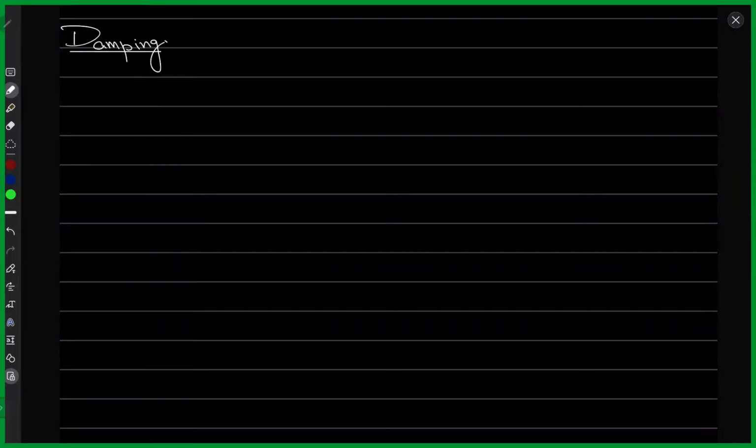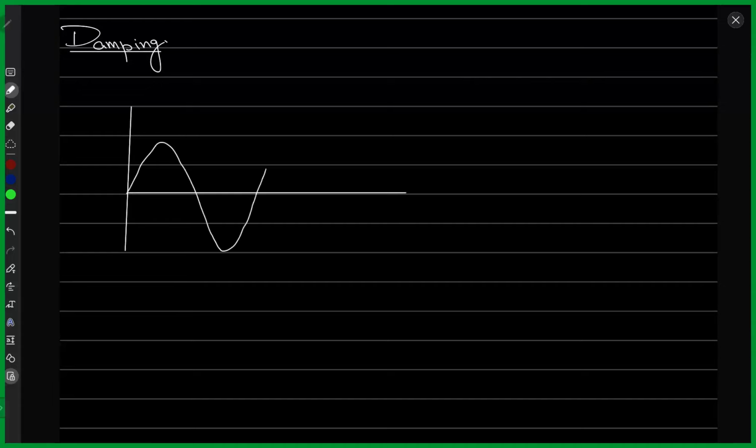Damping is something that you'll always practically observe in your oscillation. So far, we have been talking about graphs that looked like this. Let me just draw. Our graphs followed sine or cosine functions, and their peaks were always at the same height, right?